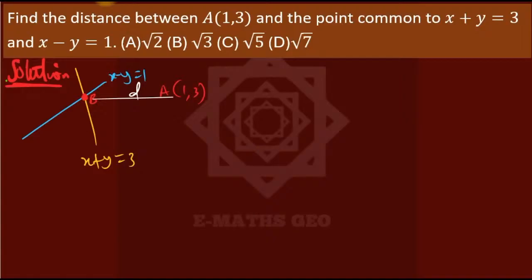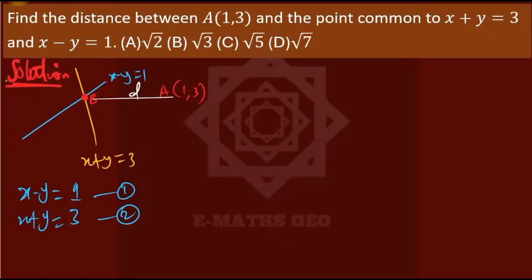To get the point of intersection means to solve x minus y equals 1 and x plus y equals 3 simultaneously. That's equation 1 and equation 2. That gives us the point of intersection.